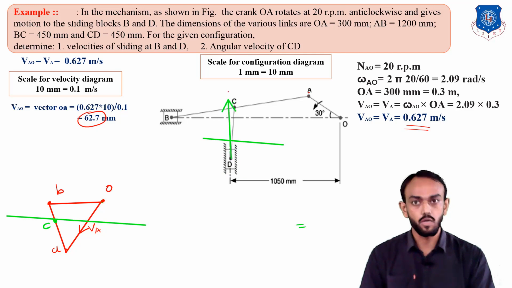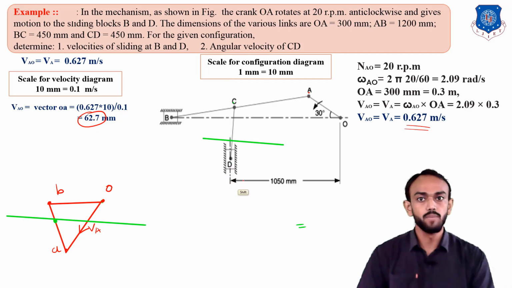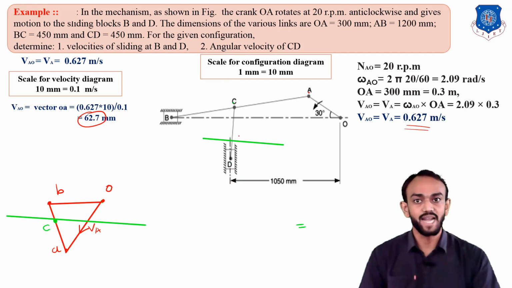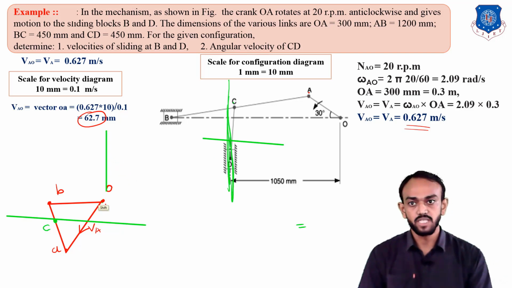Remember that this is the only slider in all our questions which is sliding vertically. So rule number 3, direction of slider in this case is vertical. So I have to draw a vertical line which is passing through the O point like this.